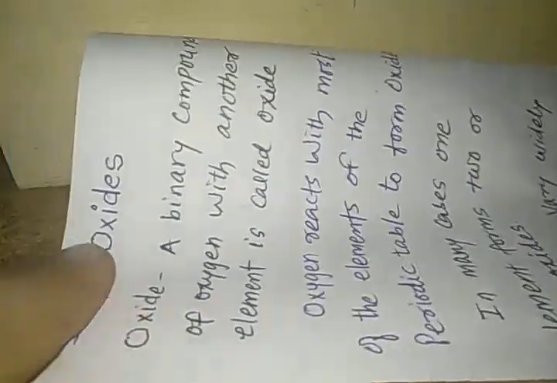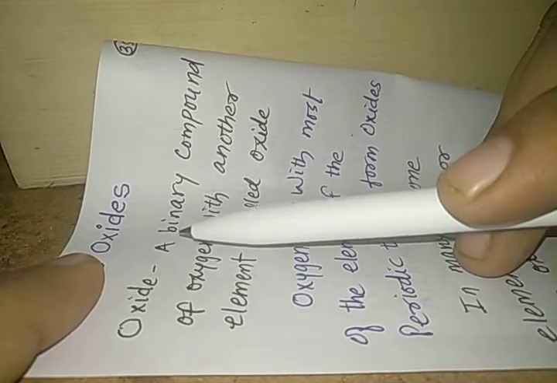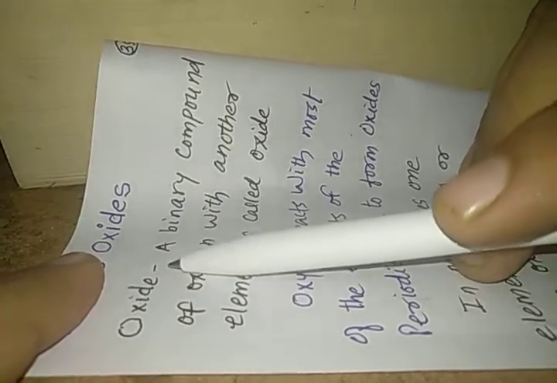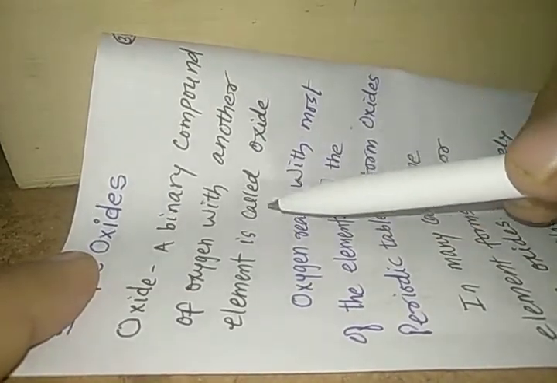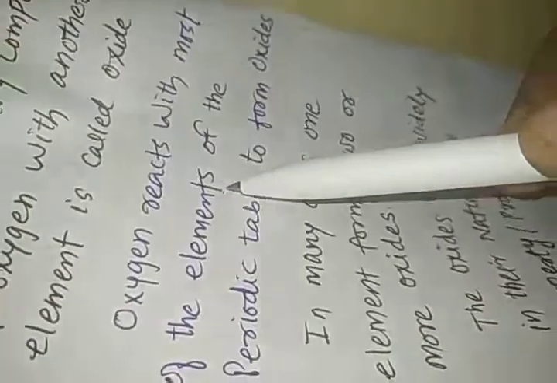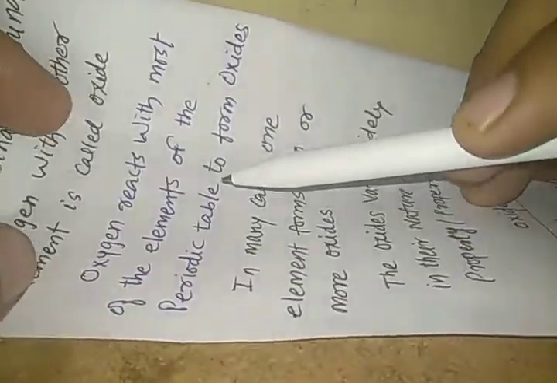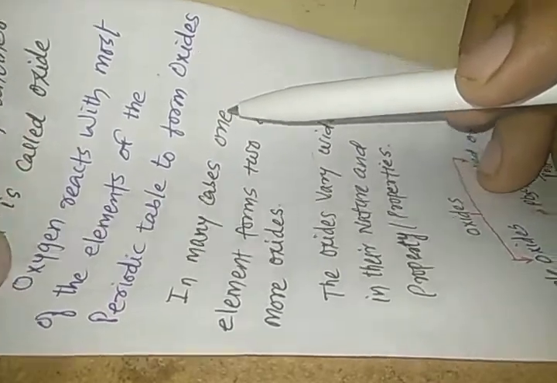Now we want to study the various kinds of oxides. What is the definition of an oxide? An oxide is a binary compound of oxygen with another element. Oxygen reacts with most of the elements in the periodic table to form oxides.